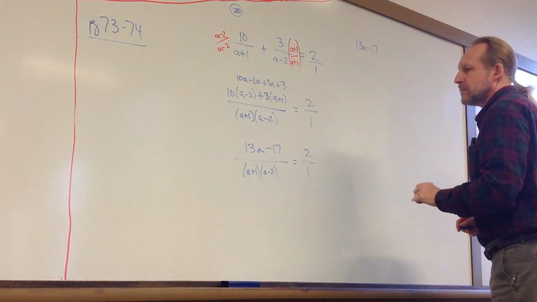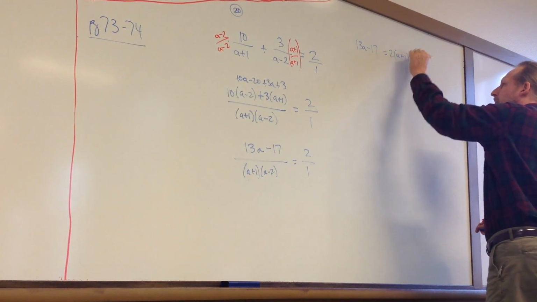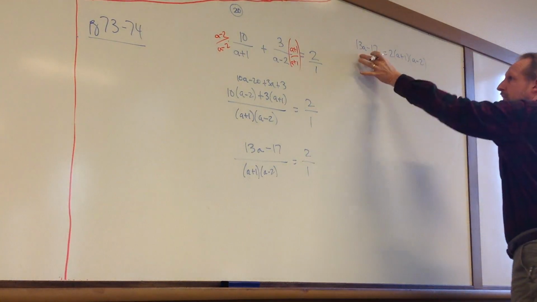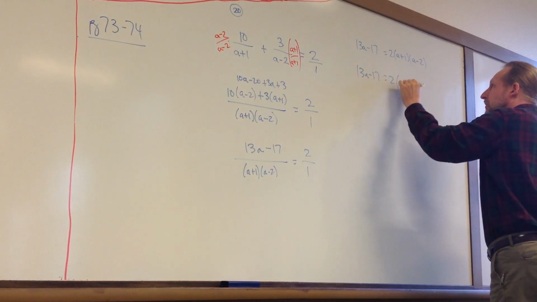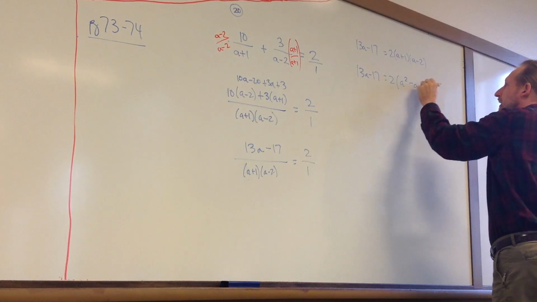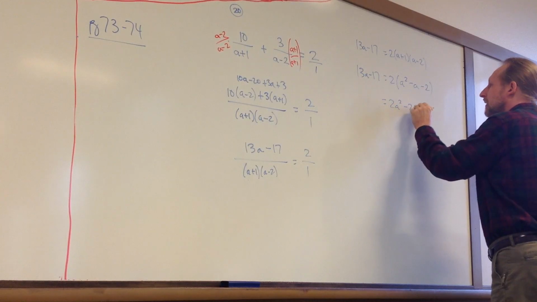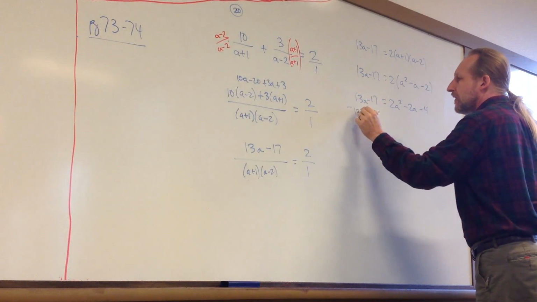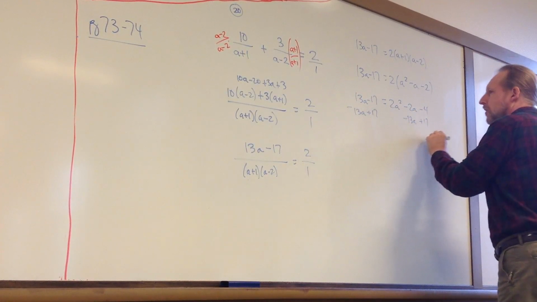13a minus 17 equals 2 times a plus 1 times a minus 2. So this stays the same. Over here, it'll be 2 times a squared minus 1a minus 2. Or 2a squared minus 2a minus 4. And then we'll move everything over here.